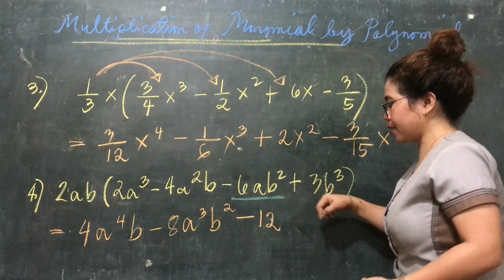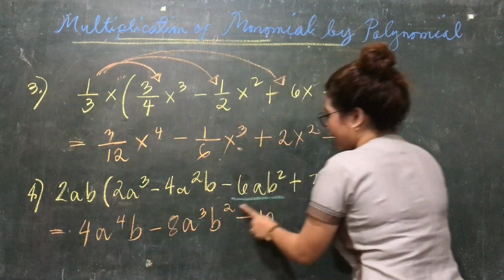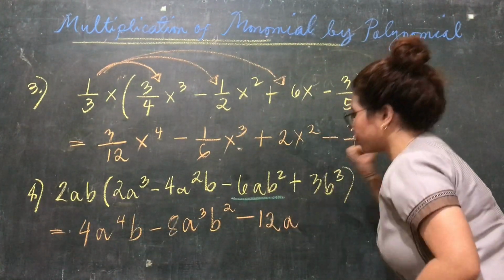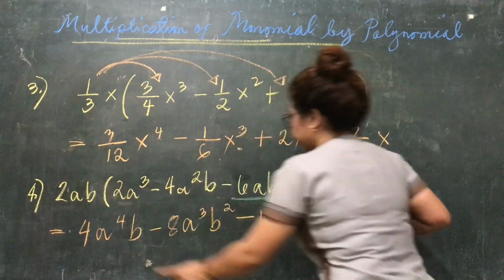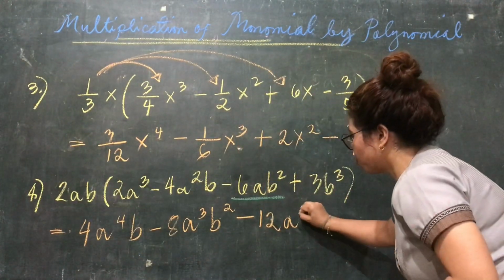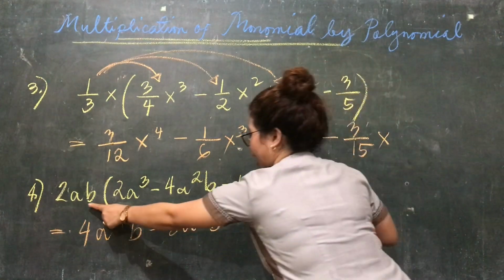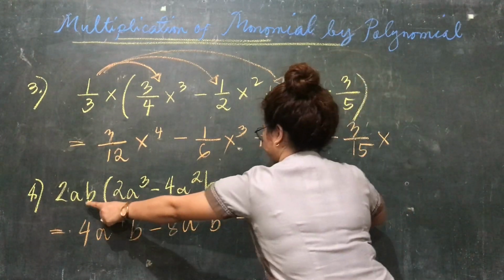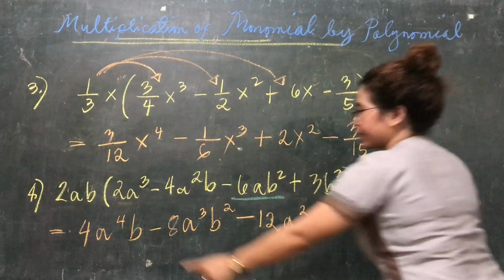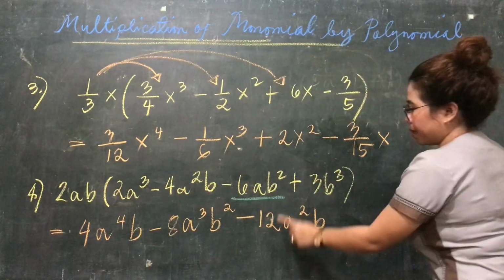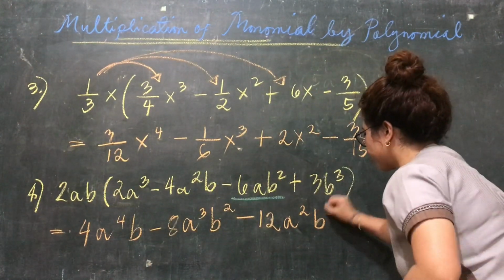Copy A, and then 1 plus 1, you have 2. No need to show the exponent of 1. Copy B, and 1 plus 2, you have 3.